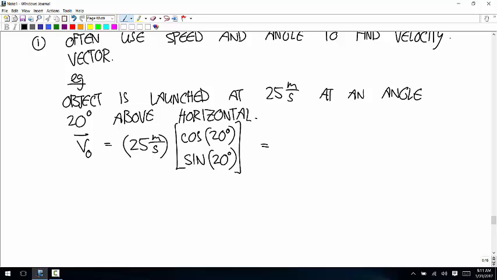Top one is 23.5. Okay. Sine is 8.56. Okay. So we started out with this information about the speed and the angle, and we used that to get the vector components that then we're going to use in the equation.